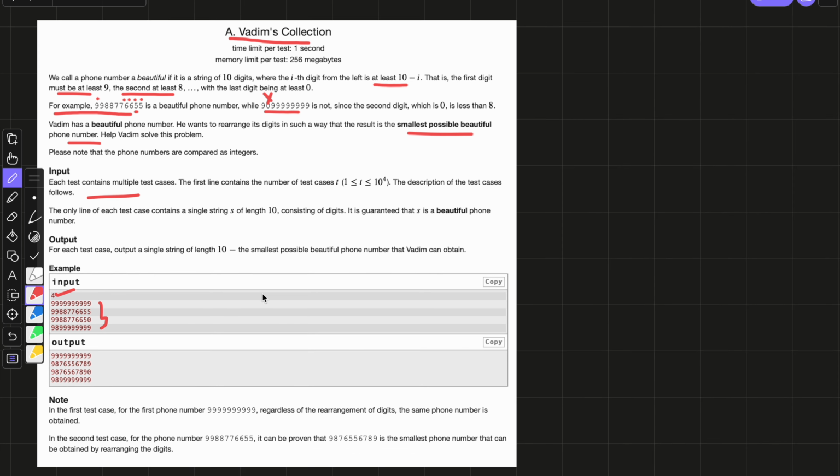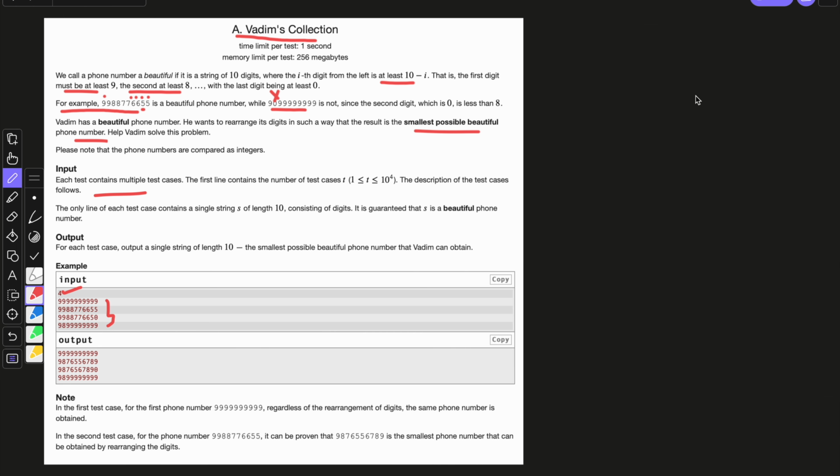So let's take test case 1. In test case 1, all the numbers are 9.